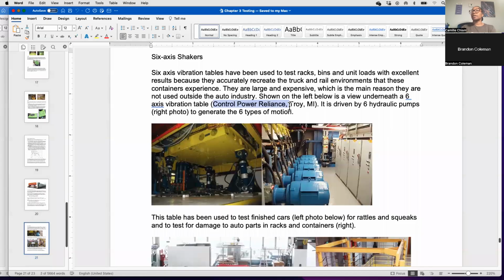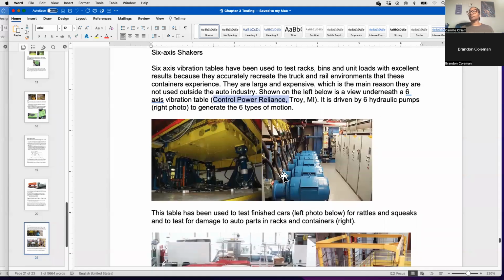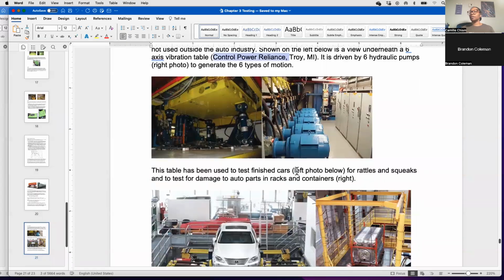We did testing for racks for rail cars, for engines going to Mexico. I'm pretty sure this is where we went, but you can see they actually have a whole control room for it. It looks totally different than the other shake tables that we saw earlier. And it's got the hydraulic pumps to get those different motions in there.